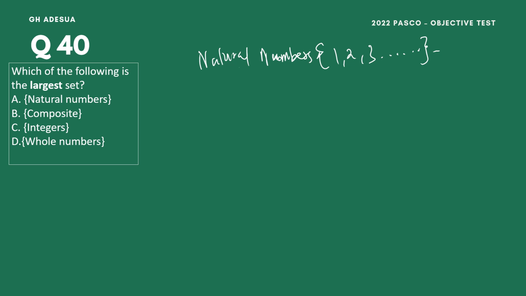And then for composite numbers, the set of numbers that has more than two factors.